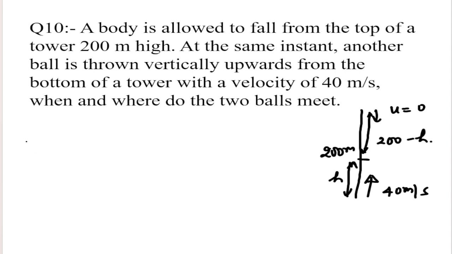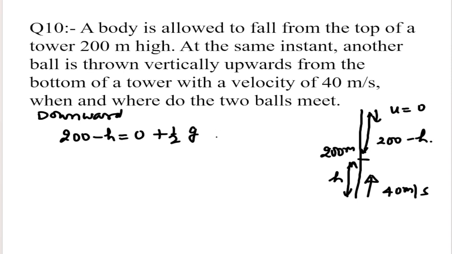Now there are two equations, one for upward motion and one for downward. So for downward, now we use the second equation. In place of h, we put 200 minus h, equal to u t, which is 0, plus half g t square.